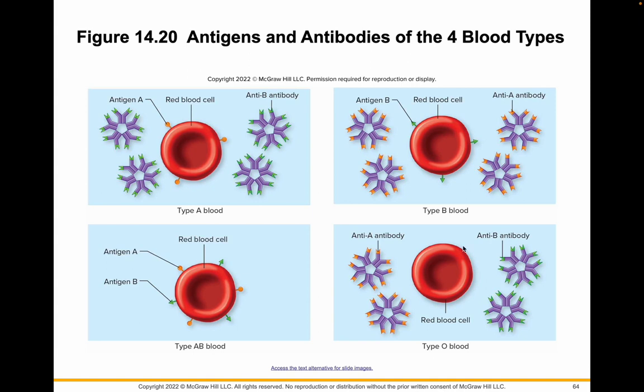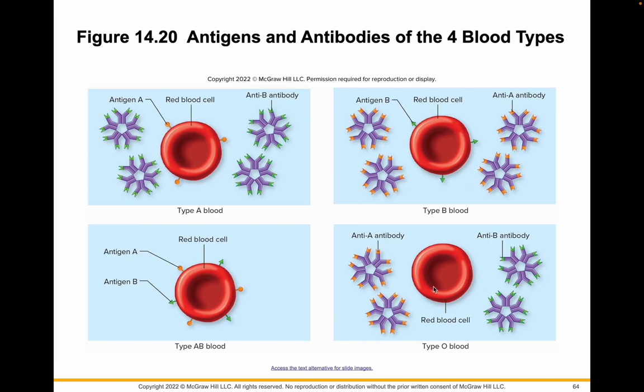And so if I donated blood to you and you're O blood, your antibodies would quickly fight my blood cells. Your A antibodies and your B antibodies would fight my red blood cells because my blood cells have both. So as an O blood person, you cannot receive AB. You can't receive A because if this blood gets into your body, you're going to fight it with your A antibodies.